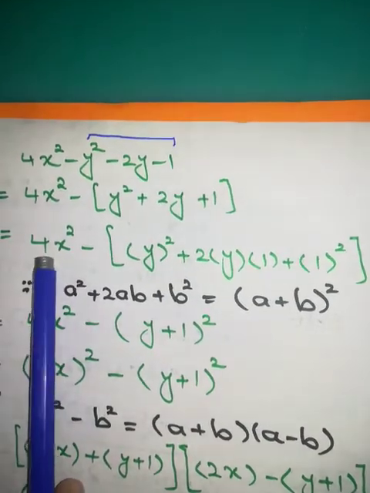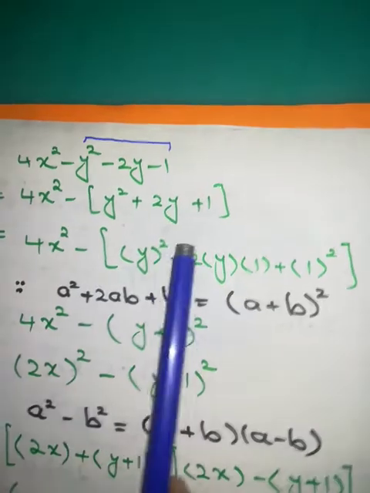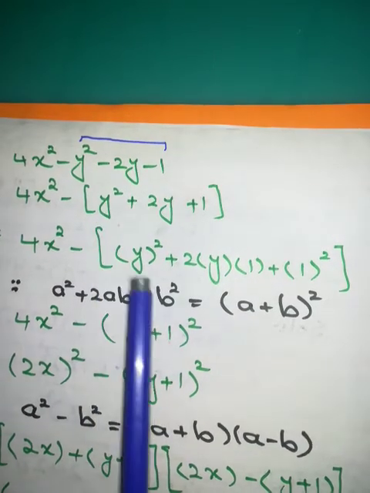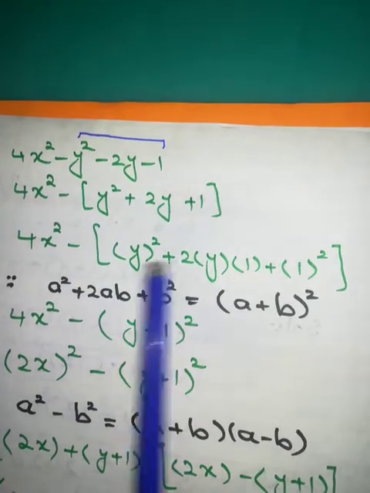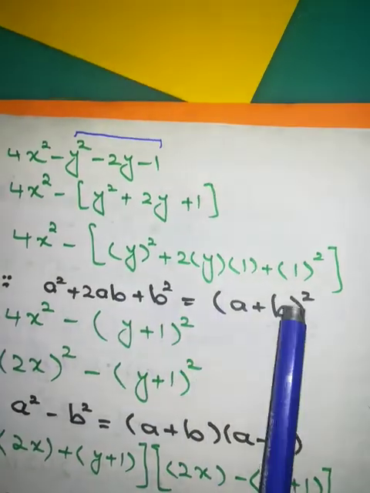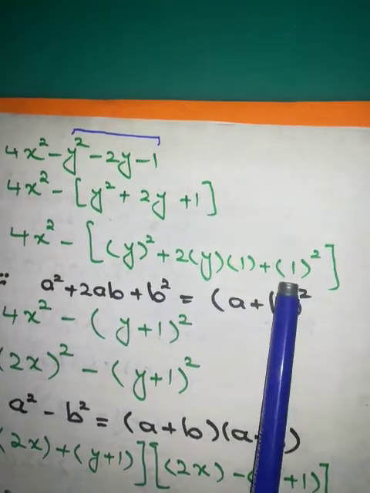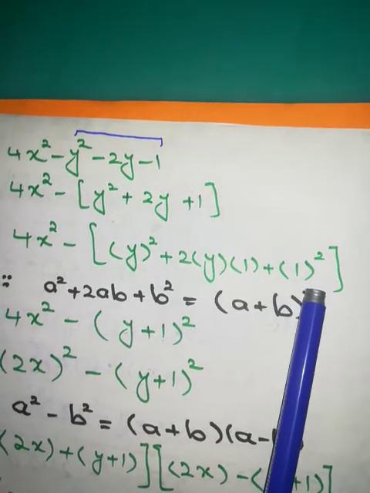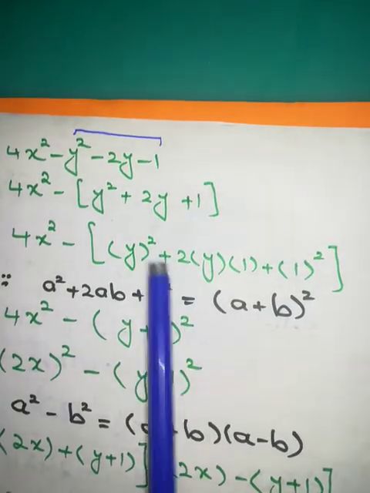Now proceed. 4x square minus, convert into whole square form. y square is the first square and 1 square means 1, so it is a square plus b square. Now we get 2ab. Here the sign is positive, so we use the formula with a positive sign.